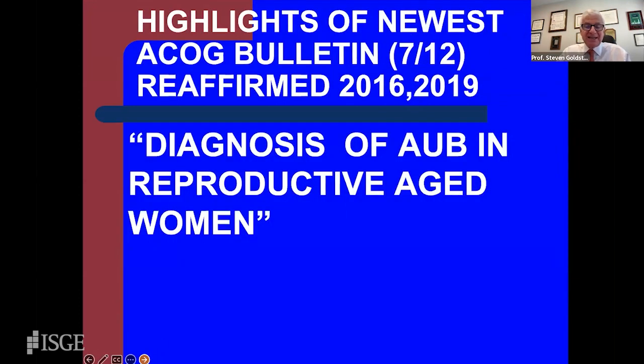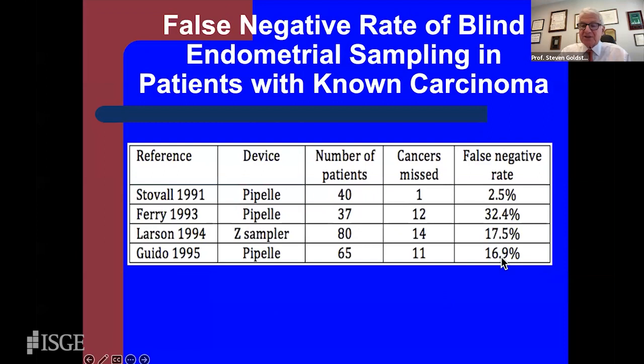They missed 16% of the cancers, but he did us the favor of opening the uterus after the hysterectomy. And notice that when the cancer occupied less than 50% of the surface area, that constituted all of the 11 they missed. But if the cancer occupied more than 50% of the surface area, blind sampling always found it.